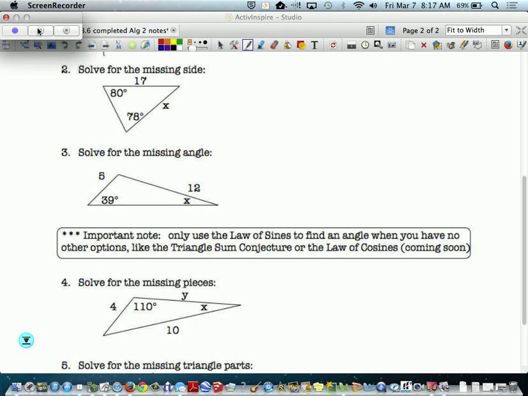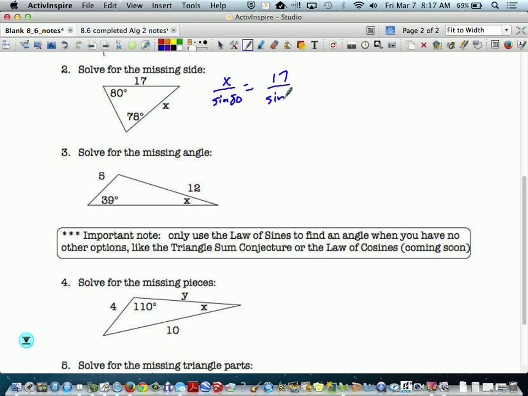Okay, so we should put x on top over the sine of 80. 17 on top over the sine of 78. This is not an isosceles triangle, but because those two angles are so close, it's going to be very close to an isosceles, right?